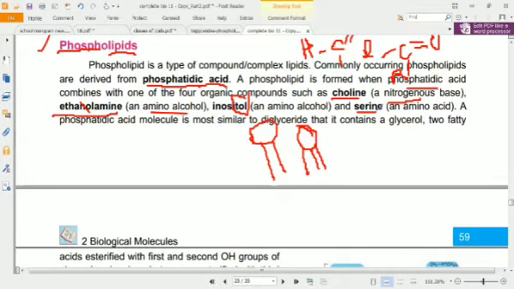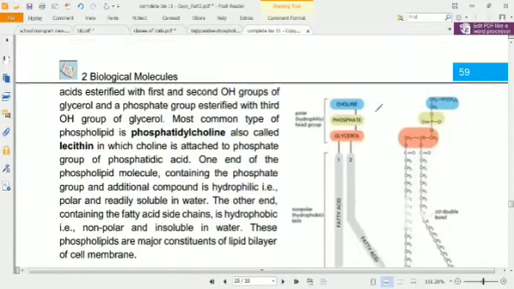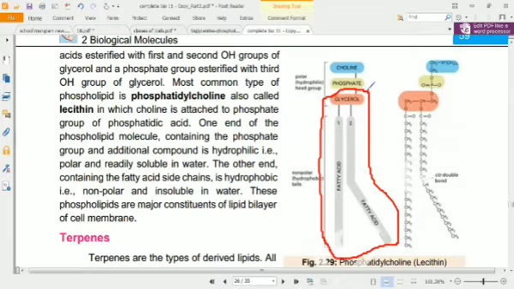A phosphatidic acid molecule is similar to a diglyceride, as I told you before. When, with this glycerol, in place of the third fatty acid chain, phosphate makes a bond, that is called phosphatidic acid.